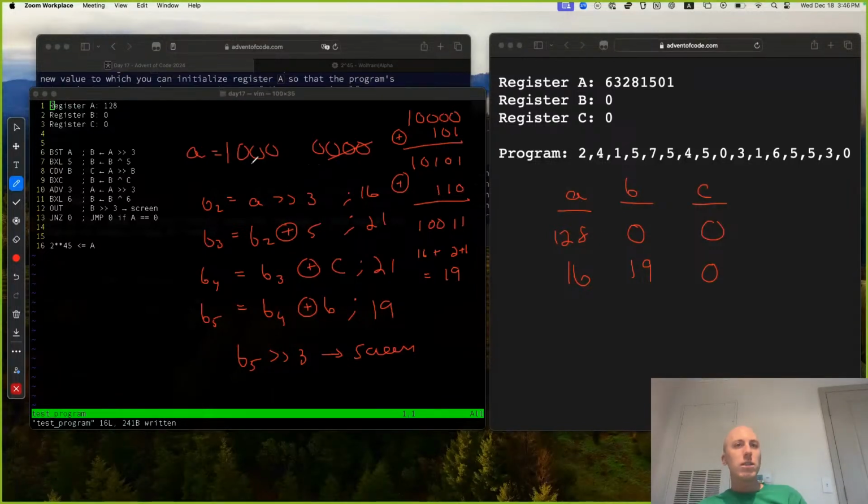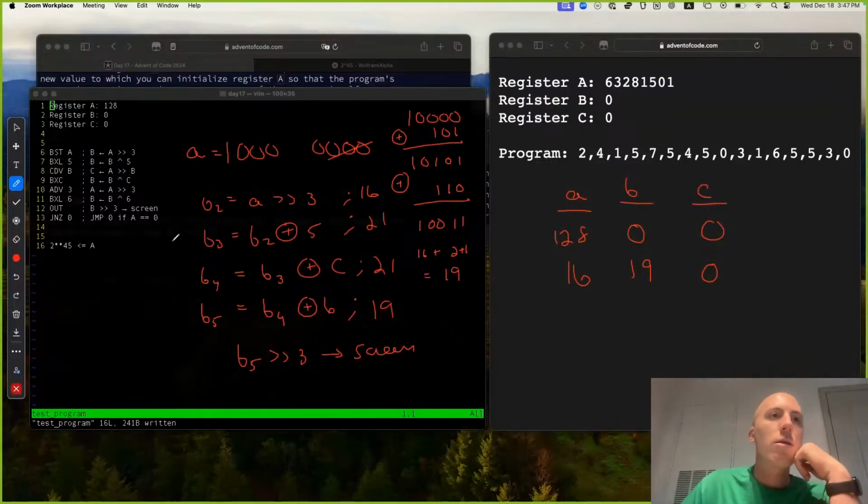A is just going to get chopped off by 3 every time. That's really straightforward. C. See, this is kind of unintuitive here. When you XOR something by 5, you could increase it or you could decrease it.